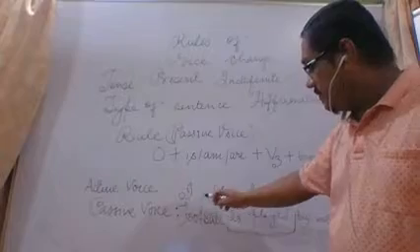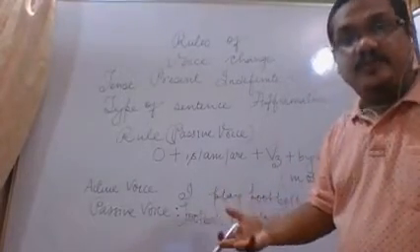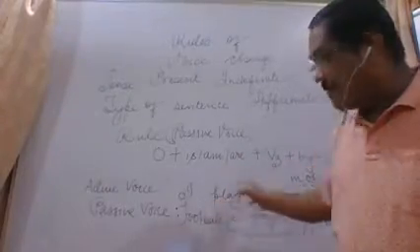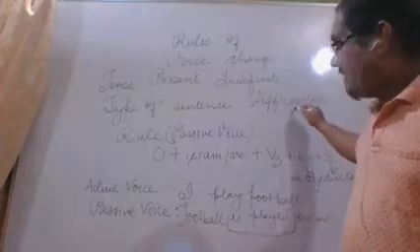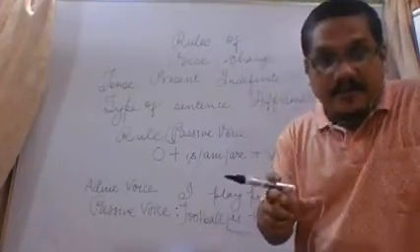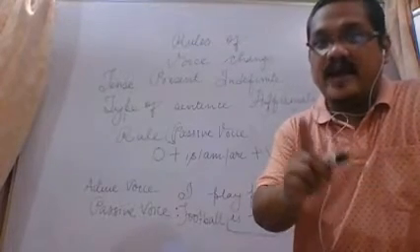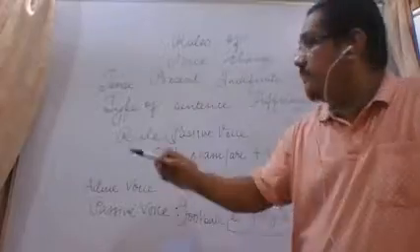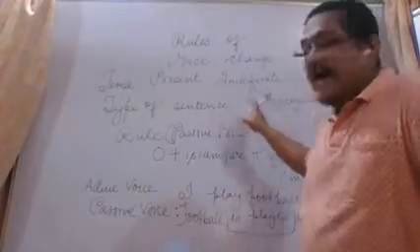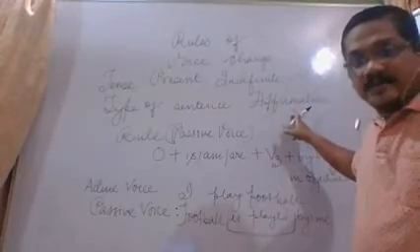There is no negative word like not, no, neither, nothing, here. I play football. So it is an affirmative sentence. Is it clear to you? That means we have learned at least one rule, and that rule is of present indefinite and of affirmative sentence. Is it clear to you?